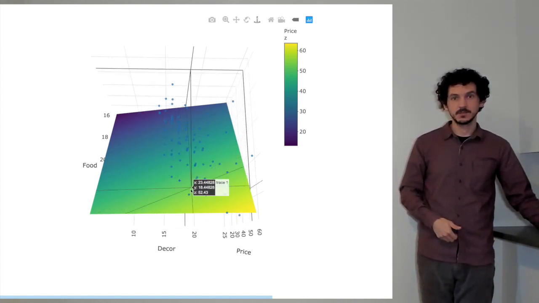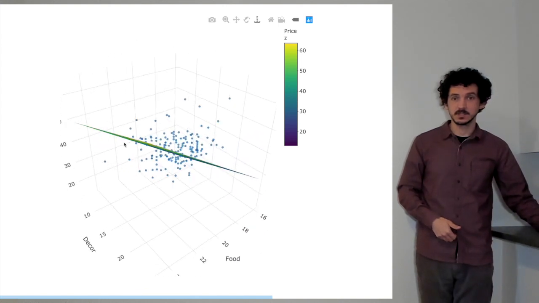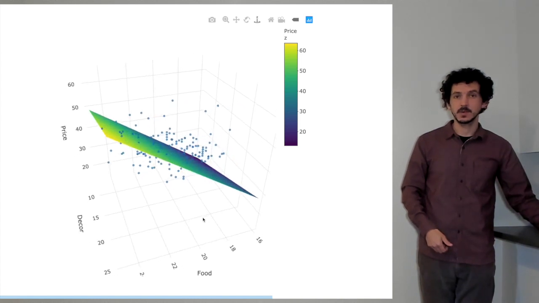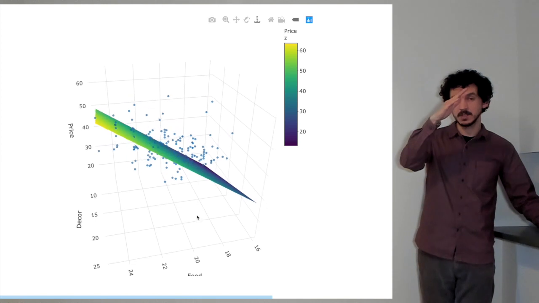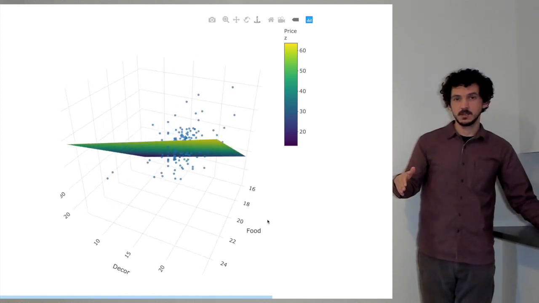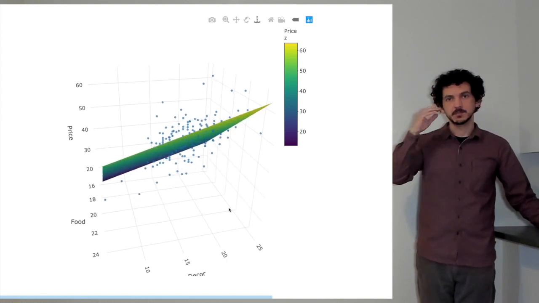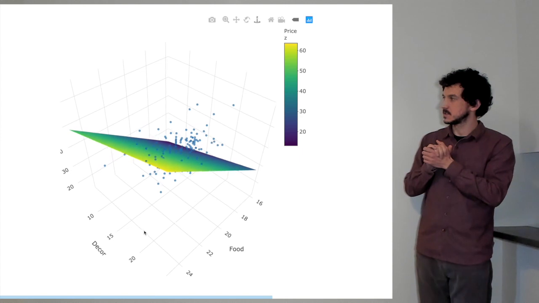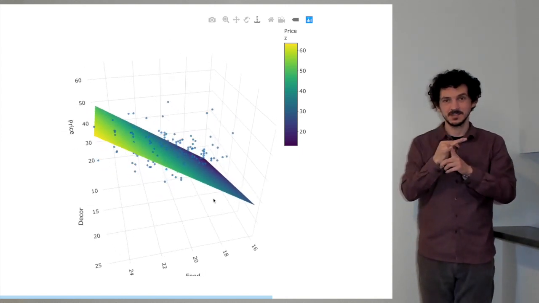So here we see the 3-dimensional data cloud, and our 2 axes here on the X, we can see food and decor, our 2 X's, and then we can see the plane that we're drawing through it as it goes up to predict price. It's this plane that slices through. If you think about the loss functions we were looking at before, these loss functions that define our model, in this case we're thinking about a loss function in 3 dimensions.